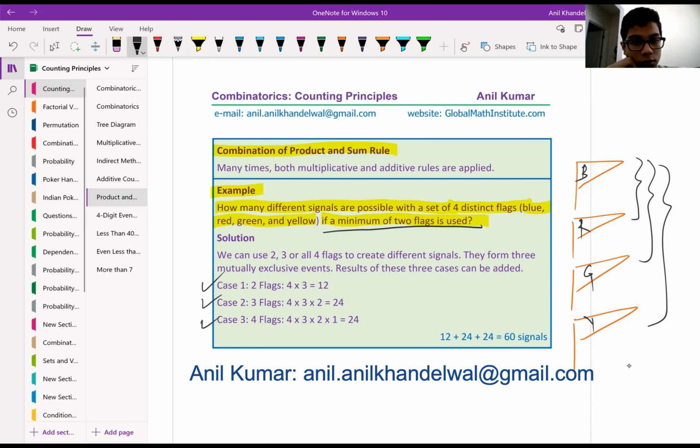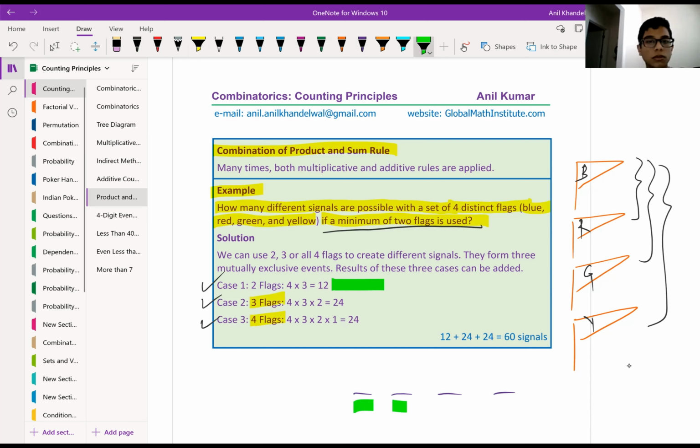Case 1 is we have 2 flags. Case 2, we have 3 flags. Case 3, we have 4 flags. Now, we have in all how many flags? 1, 2, 3, 4, right? Let us take the first case of 2 flags. That means I am showing you 2 flags. In how many ways can I pick up the first flag?